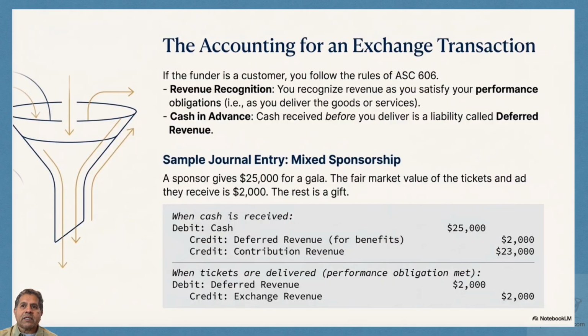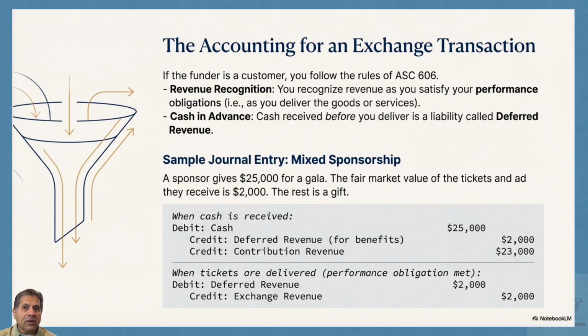If you determine that it's an exchange, ASC 606, you follow the matching principle. You recognize revenue only when you do the work. If you get cash up front, that's a deferred liability. Look at this mixed sponsorship example. These are tricky. A donor or sponsor gives $25,000 for a gala.